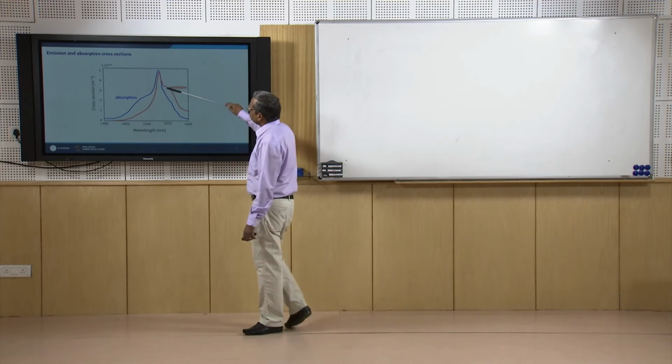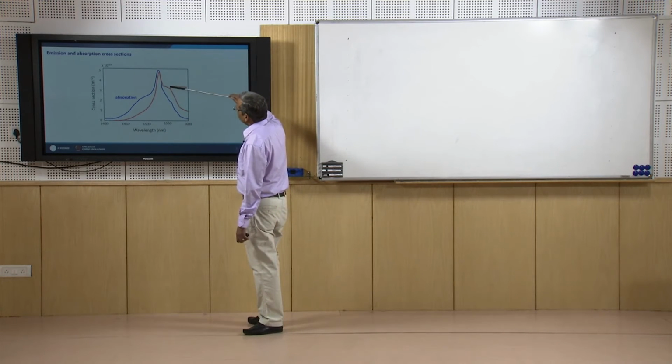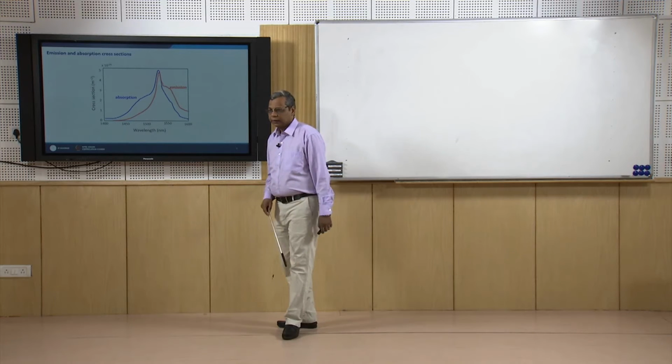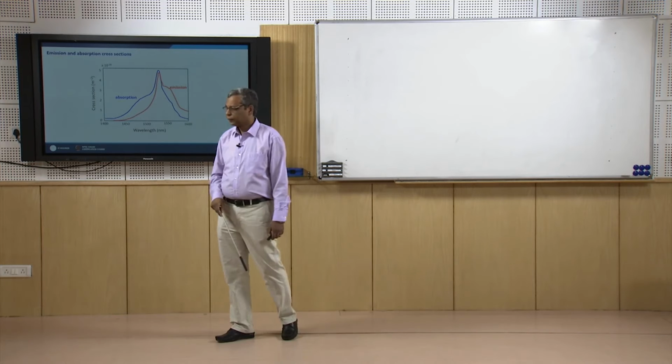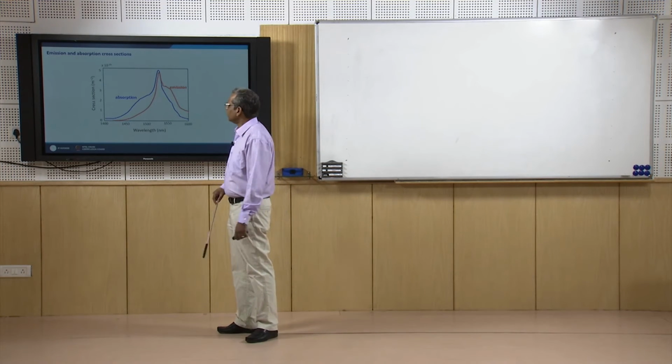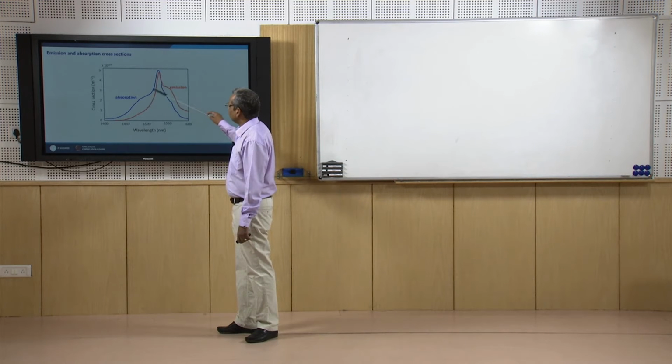So, here I can see that in this region my emission cross section is larger than absorption cross section. So, the emission will dominate over absorption and I can readily have the gain. However, in this region I will have to do something very special to obtain the gain.